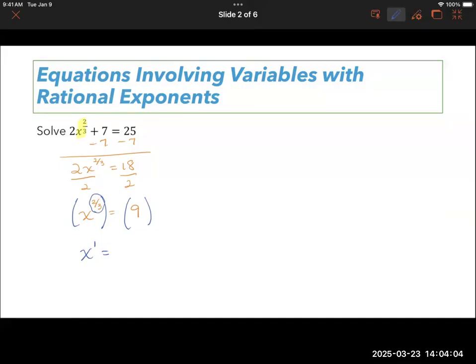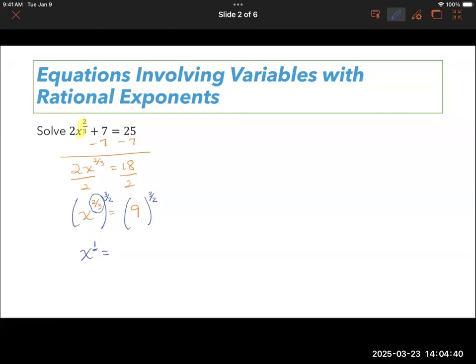So if I have x to the 2/3 power, and we know taking an exponent and raising it to another power means multiplying exponents, then we would want to raise this to a 3/2 power so that when I multiply 2/3 times 3/2, I get this 1. They essentially cancel each other out so that I get x by itself. But remember, whatever I do to one side, I do to the other side. So my 9 will also get raised to the 3/2 power.